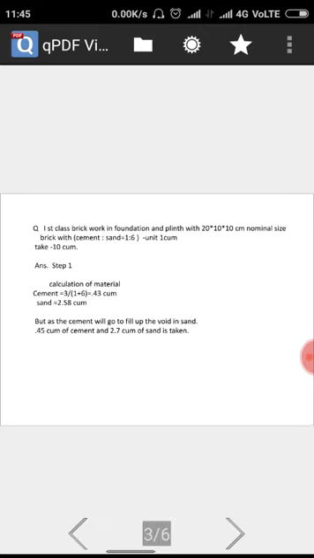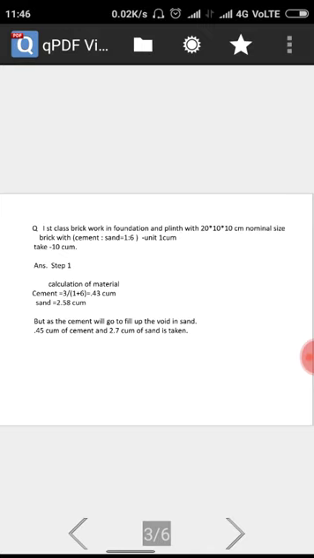Step 1, firstly we have to calculate the material used for 10 cubic. How much cement is used, how much sand is used. The formula for calculating the amount of cement is 3 divided by the sum of ratios. Here the constant used is 3. So the cement quantity is 3 divided by 7, that is 0.43 cubic.